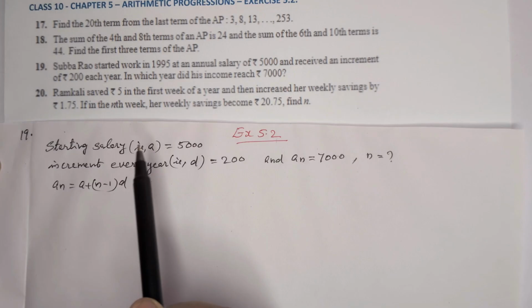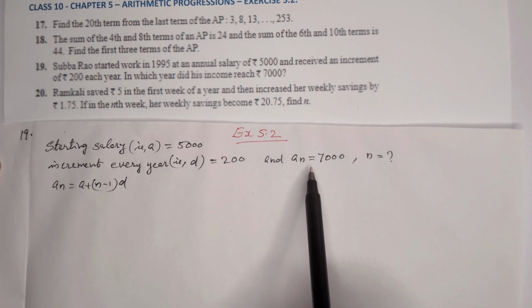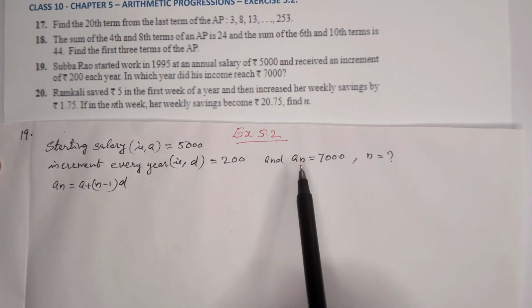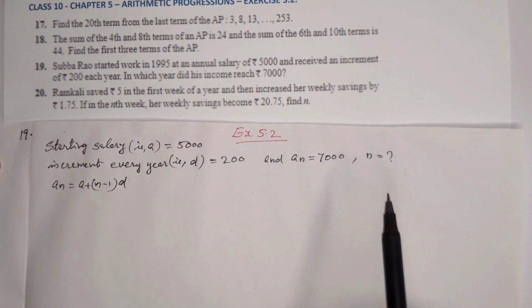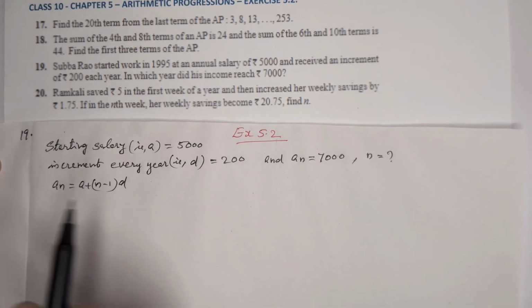Now, in which year did his income reach 7,000? Considering this as an AP, an is equal to 7,000. In which year? That means we have to find n.